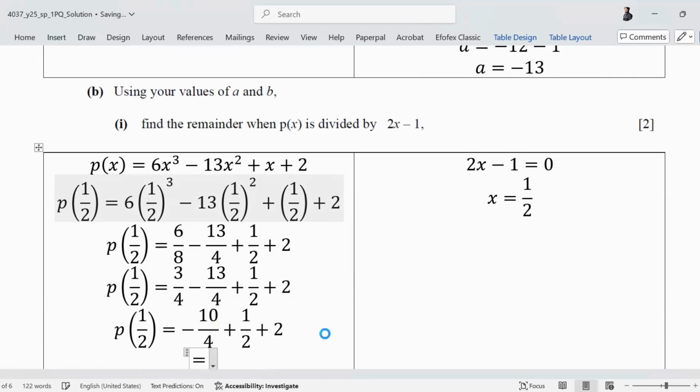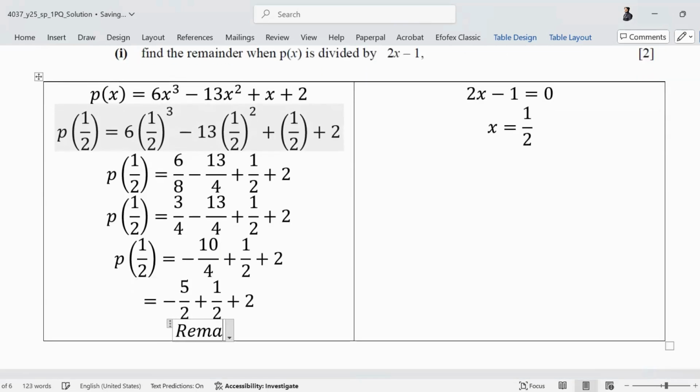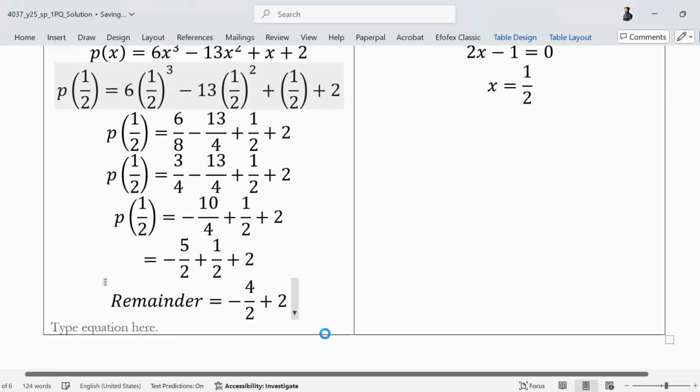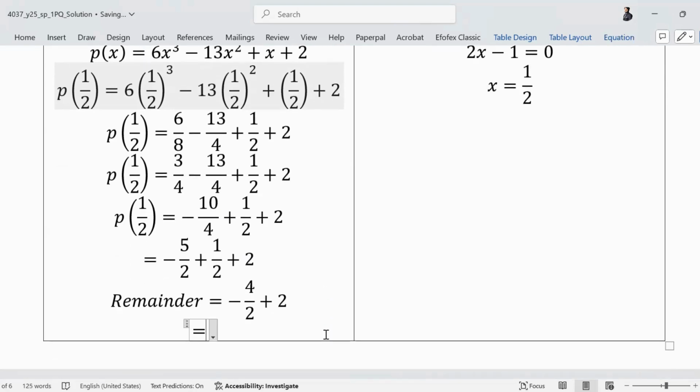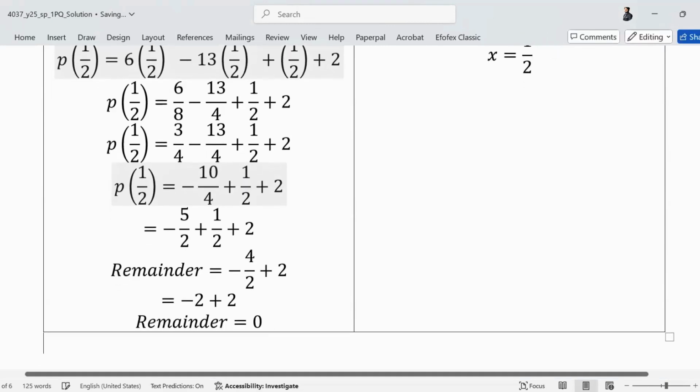So minus 5 upon 2 plus 1 upon 2 is minus 4 upon 2. Minus 4 upon 2 is minus 2, and plus 2. And the remainder that I end up with is 0.